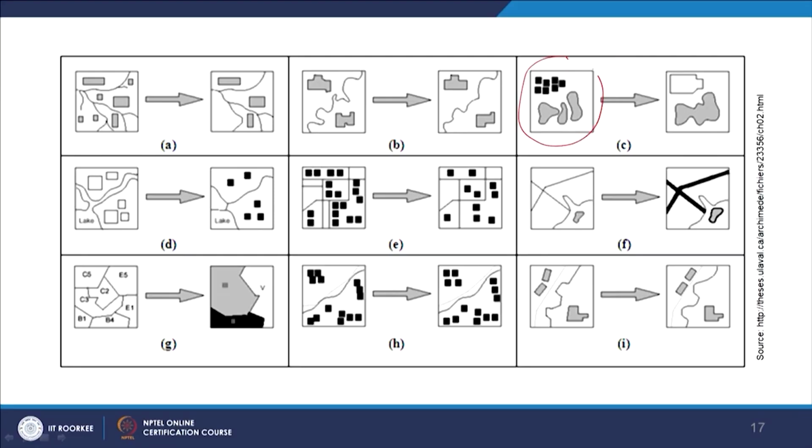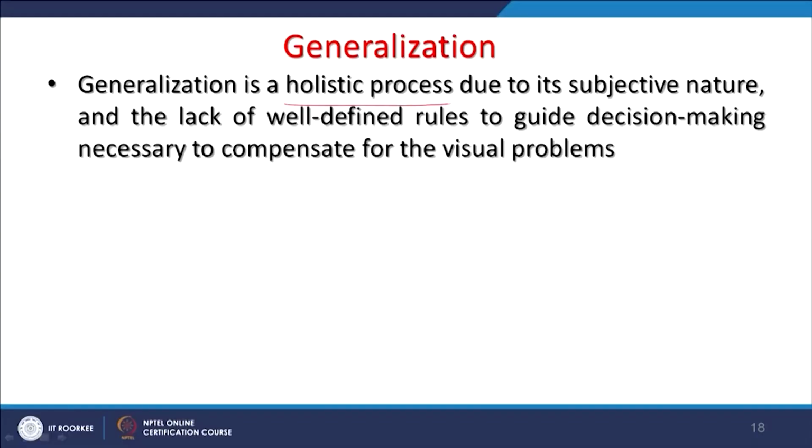Take this one: see when it got generalized, all these 3 bodies, water bodies if I say, have been merged into one at this scale, and the same with these houses, they have been merged as one block. So, depending on the data and my requirements of output scale, I may perform generalization. Now, if I want to define generalization, it is a holistic process due to its subjective nature.